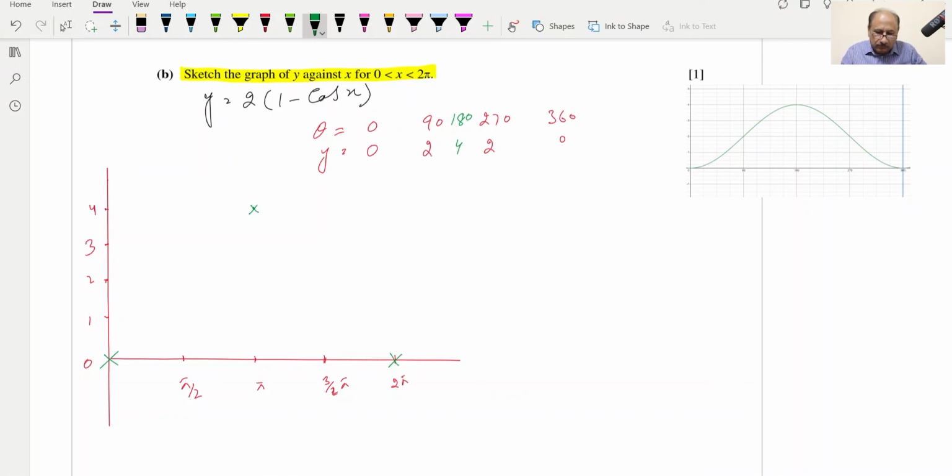And 90 is 2, so our value will be over here, and 270 will also be 2, and we can roughly mark it over here. So our graph will be like this, curving like this to the maximum point and coming down like this. It's the rough sketch which I've drawn. You can see the maximum point is at pi. We can write this as the maximum point.